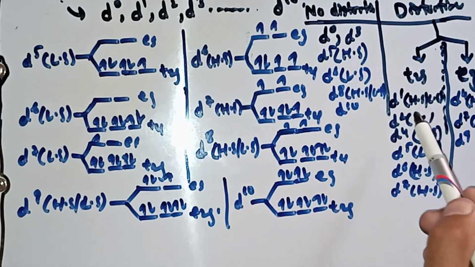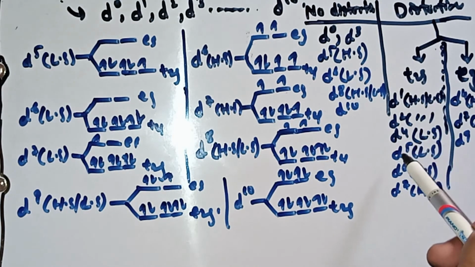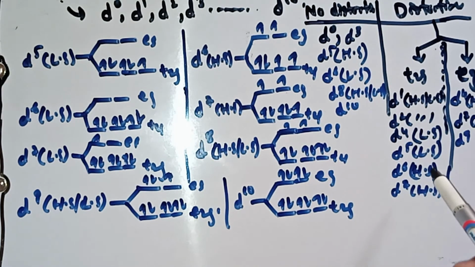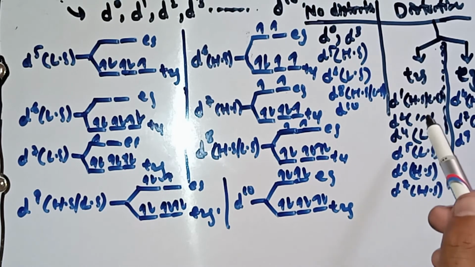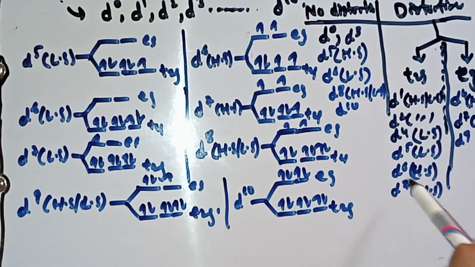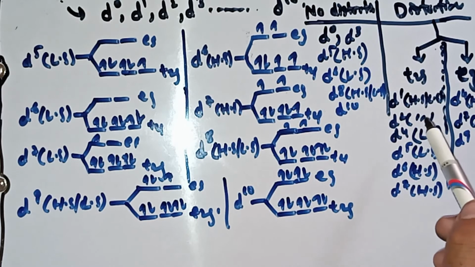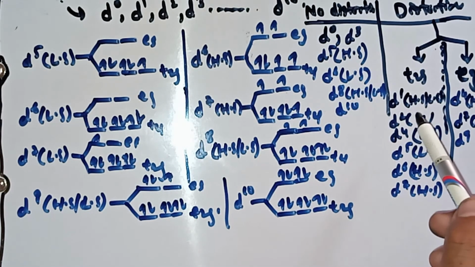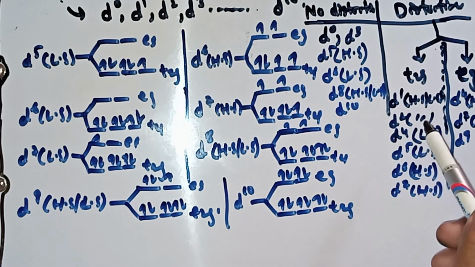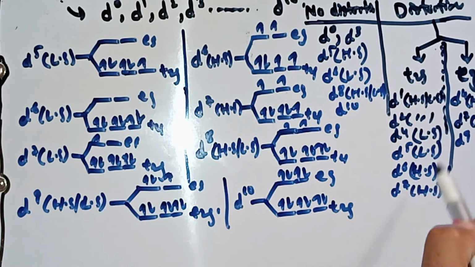But in the d1 and d2 systems, the d4 system when low spin, the d5 system when low spin, the d6 system when high spin, and the d7 system when high spin, in all cases the T2G set will be asymmetrically paired. When asymmetrically paired, the orbital will have an asymmetrical electronic cloud, so a little distortion occurs. That's why this distortion is called T2G distortion.